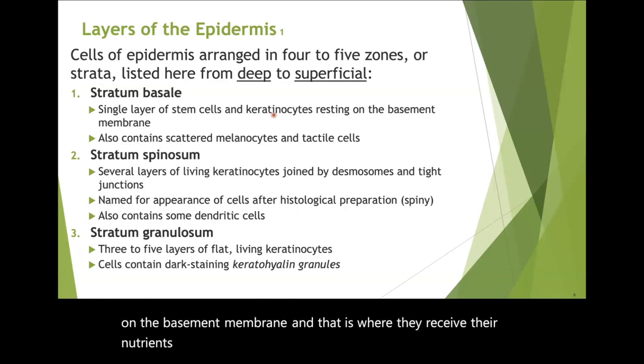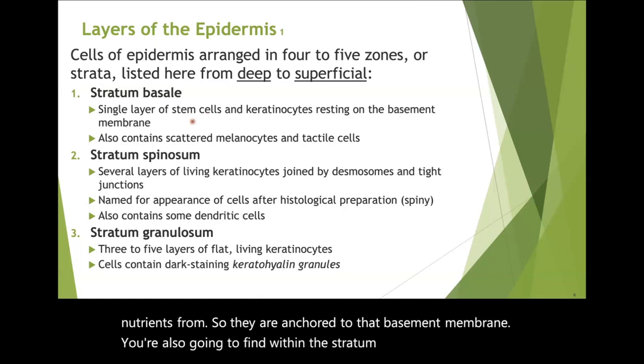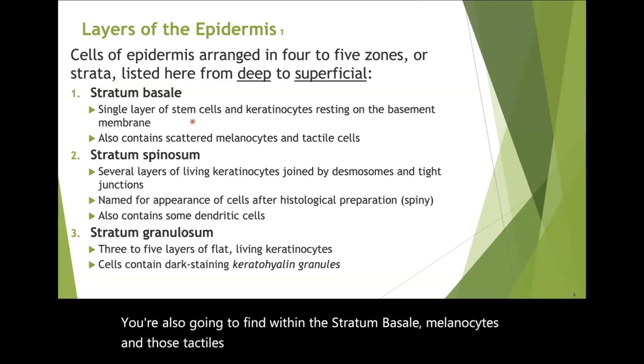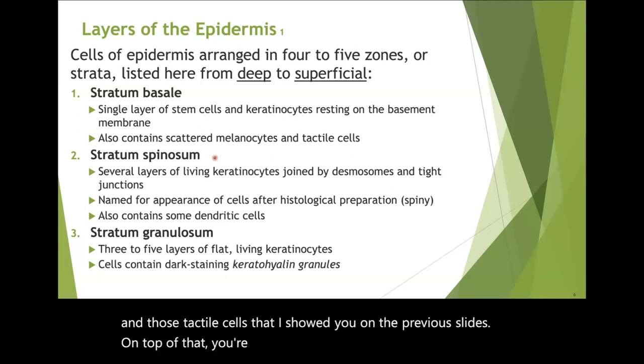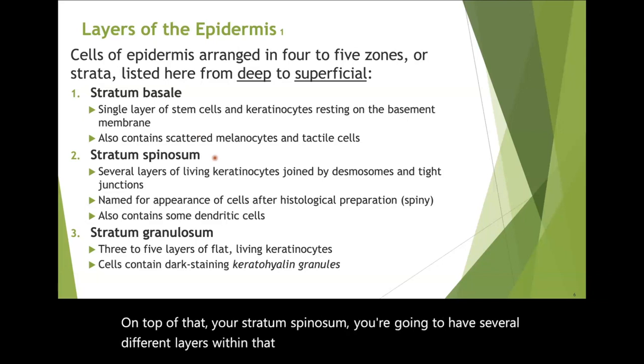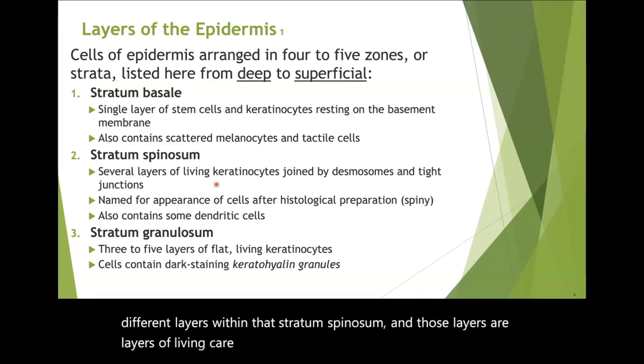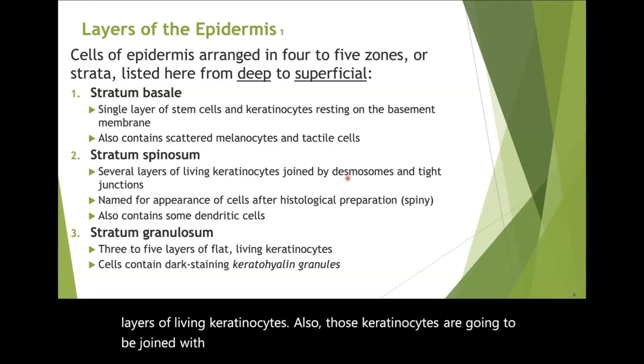So they are anchored to that basement membrane. You're also going to find within the stratum basale melanocytes and those tactile cells that I showed you on the previous slides. On top of that, your stratum spinosum. You're going to have several different layers within that stratum spinosum, and those layers are layers of living keratinocytes. Also, those keratinocytes are going to be joined with junctions of desmosomes and also tight junctions too.